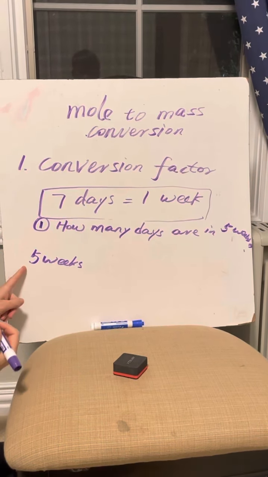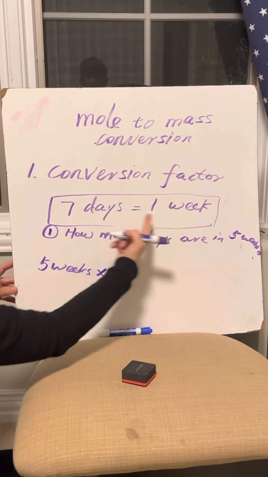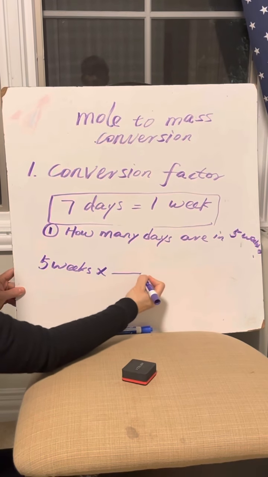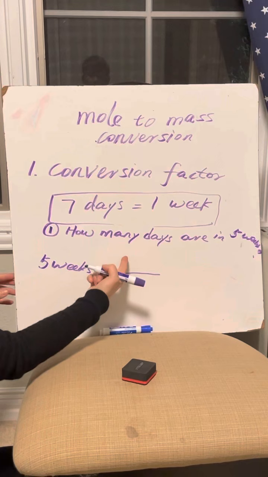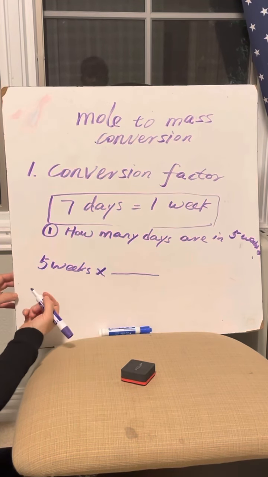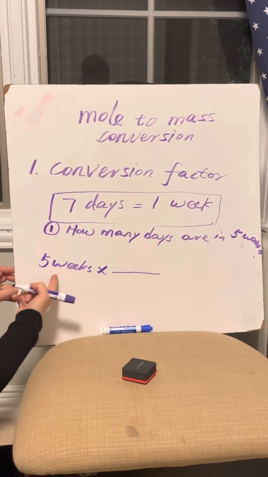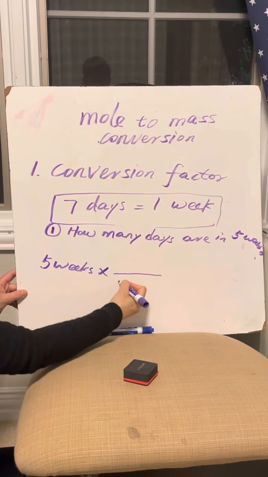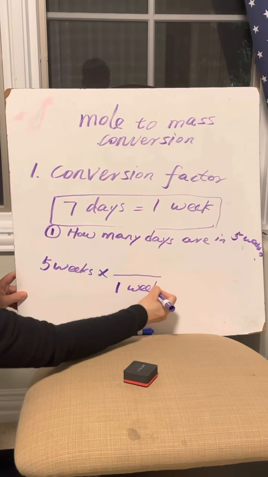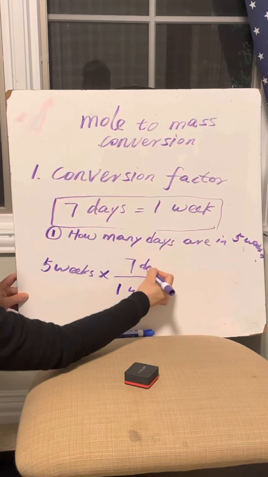What you do is write a conversion factor. Instead of writing it this way, we write it up and down, one as a numerator, one as a denominator. Because you want to cancel out week, you put it over here. 1 week is basically 7 days.